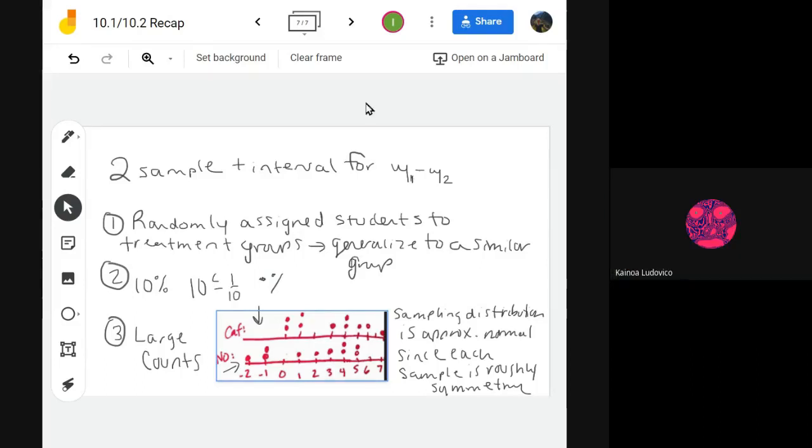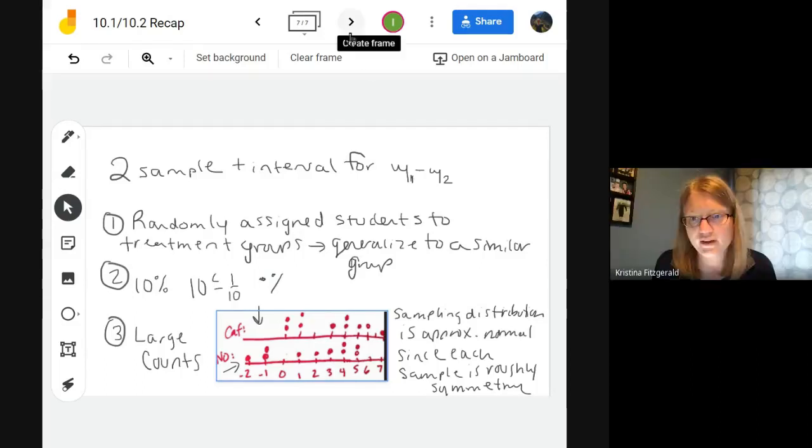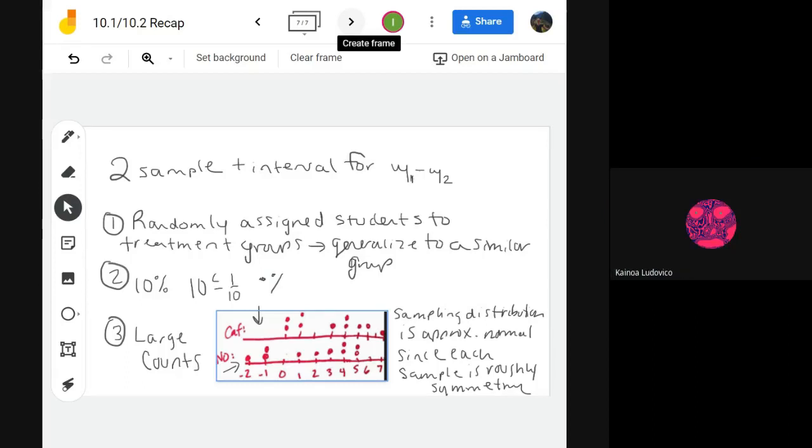But yeah. As far as the formula goes, any questions on the state or the plan so far? No, I was a little confused on the large counts one, but now that you showed that there's that option of creating the dot plot, it makes sense.